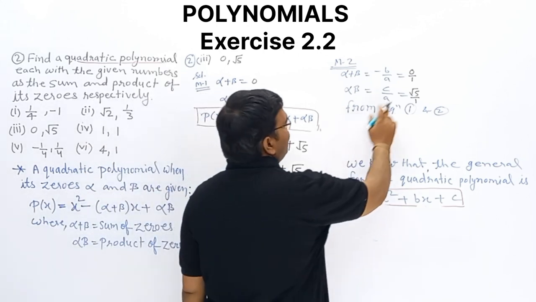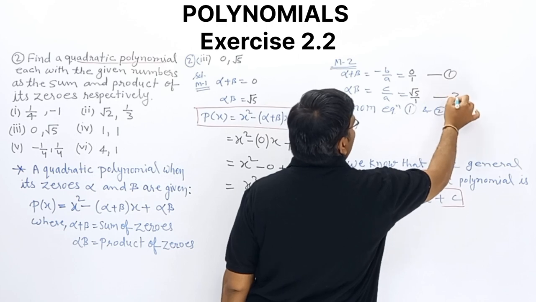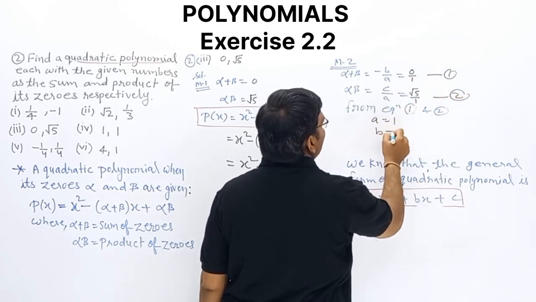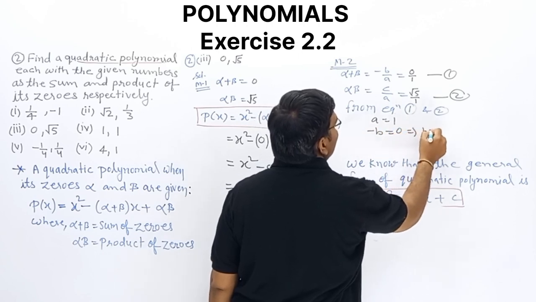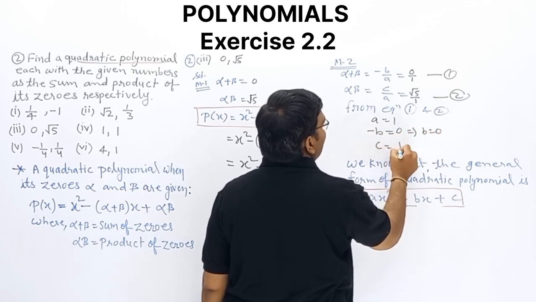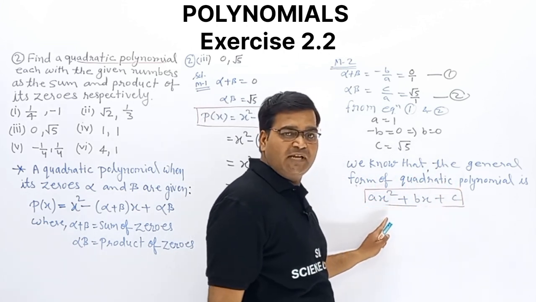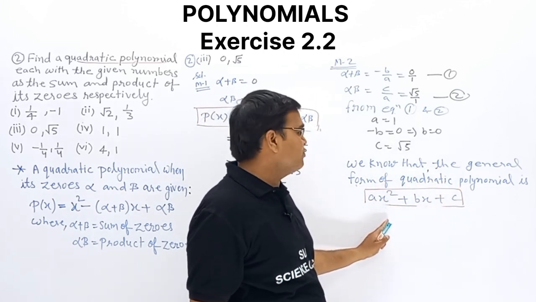Clear? Compare equation 1 and equation 2. Compare in both. a is 1, minus b equals 0 implies b equals 0, and c will be root 5. We know that the general form of the quadratic polynomial is ax square plus bx plus c.